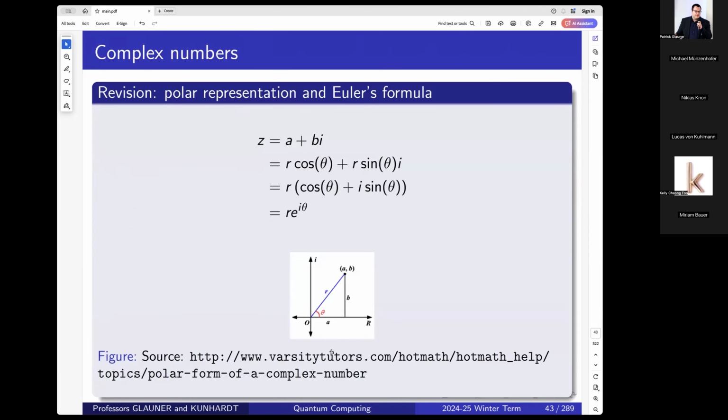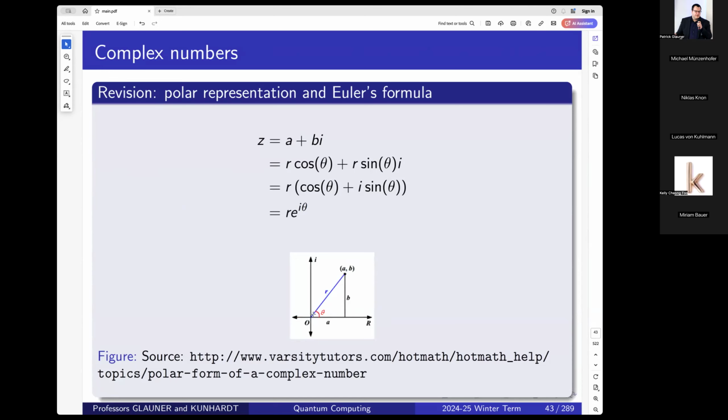We've just seen this one here before on the iPad, that we have the coordinate system or the complex plane with a real and an imaginary part. And we have a complex number that is a plus b times i. And we've seen we can represent the complex number here. We have an a component and a b component.